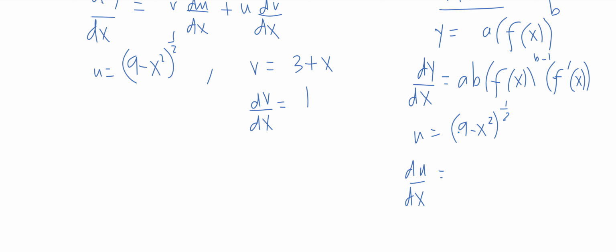So in this case, it's 1 multiplied by a half. So a half multiplied by f of x unchanged, so that's 9 minus x squared, to the power b minus 1. So it's the power a half minus 1, multiplied by f dash of x, so inside of the brackets differentiated, which is minus 2x.